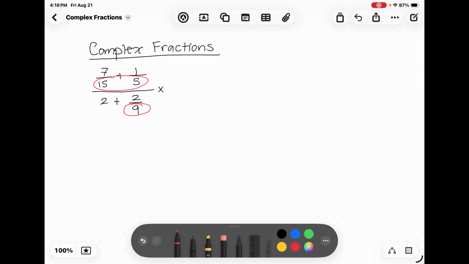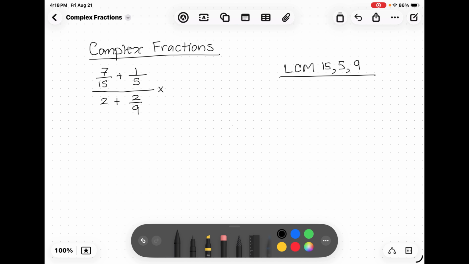So what's the least common multiple of 15, 5, and 9? You might pause and see if you can do that. That's something that students learn in algebra, maybe even pre-algebra.